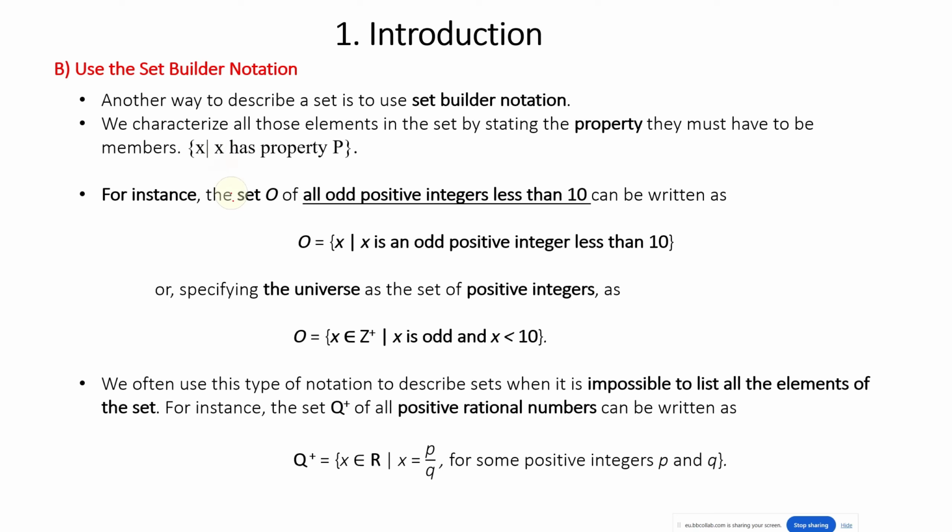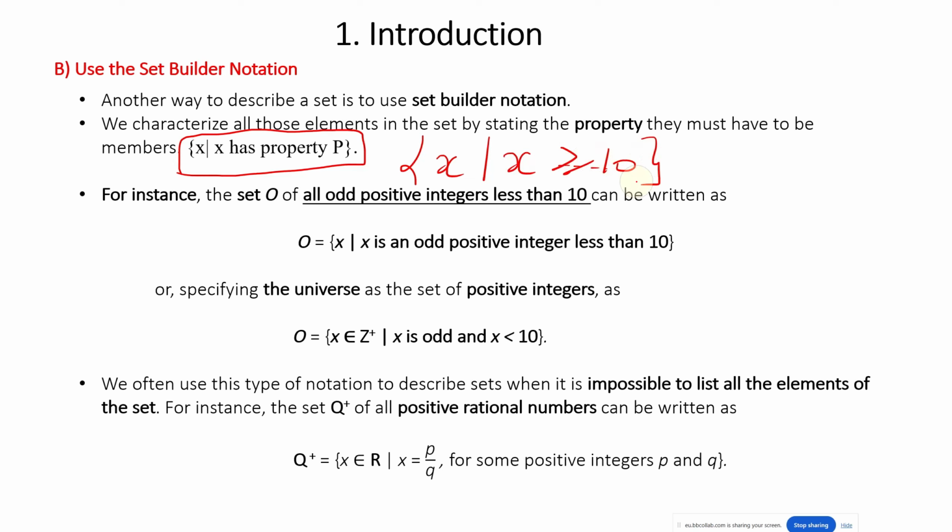And this is another way to build a set, by having some kind of property, using set builder notation. I have a set of x's where x has some property, for example, x is bigger than 10.